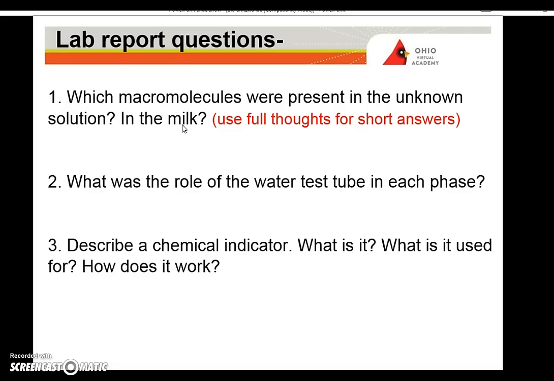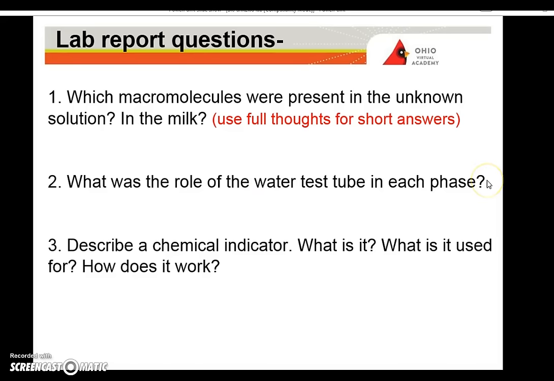Now, write complete thoughts. Write what you believe the macromolecule is, because it reacted and ended up the same color as the protein test. Write what happened and why you think that is the case. That's what you need to do for full credit.